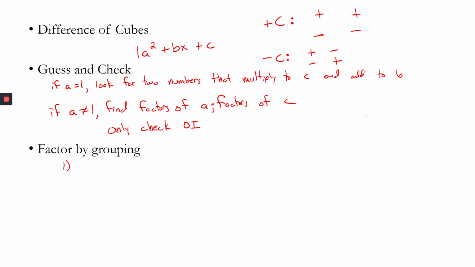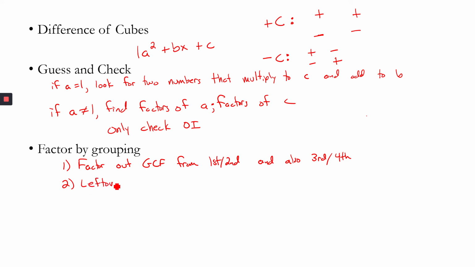And then the last type of factoring is factoring by grouping. So first, we're going to factor out the GCF from the first and second terms, and also the third and fourth terms. Okay, factoring by grouping only works if there's 4 terms. Now, once you've done this, you actually have about the same answer.